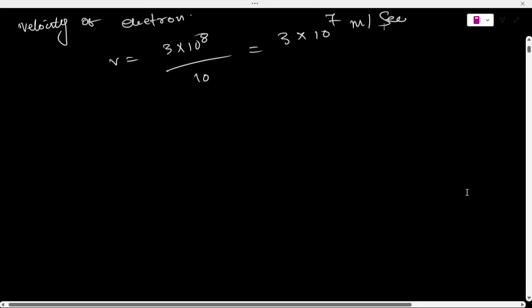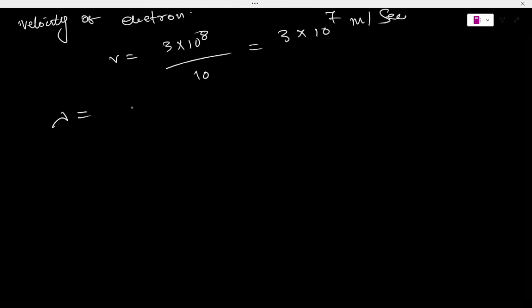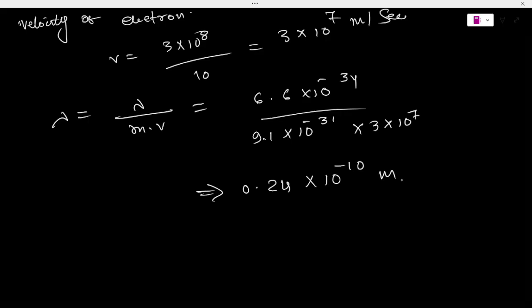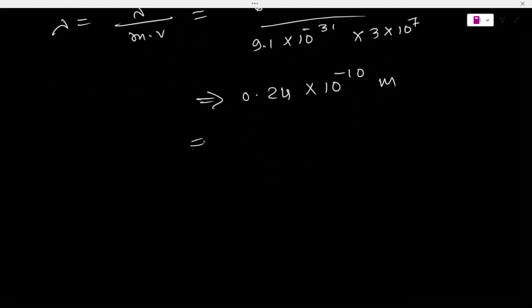And lambda will be h divided by m v, so 6.6 into 10 to the power minus 34 divided by 9.1 into 10 to the power minus 31 into 3 into 10 to the power 7. So it will be around 0.24 into 10 to the power minus 10 meter, which is equal to 2.4 into 10 to the power minus 11 meter.